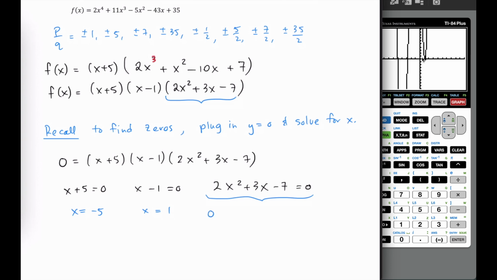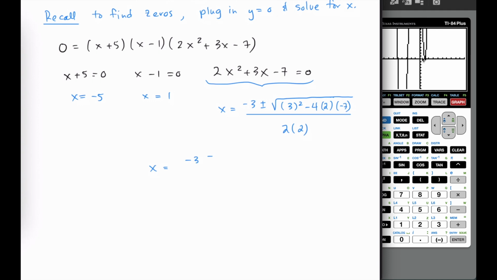Since it doesn't factor, we're going to throw it into the quadratic formula, which yields negative 3 plus or minus the square root of 9 plus 56 all over 4, which is negative 3 plus or minus the square root of 65 all over 4, and we're now ready to clearly state our answer.